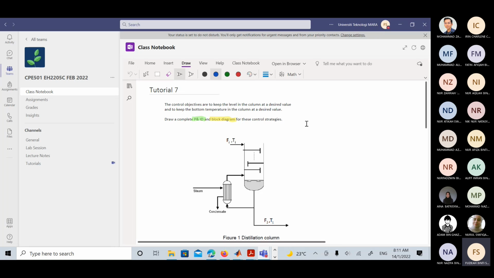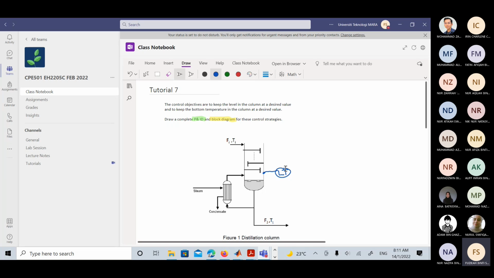Alright. On the column, because we want to measure the level of the column. So this is the first loop, to measure the level with the level transmitter. We need to measure the level of the column because the objective of this controller is to keep the level in the column at the desired value.